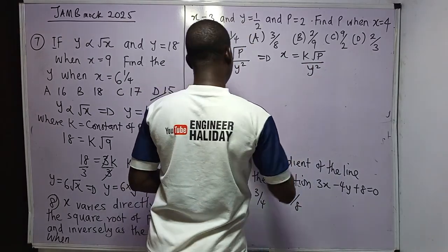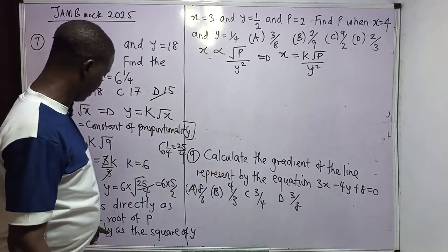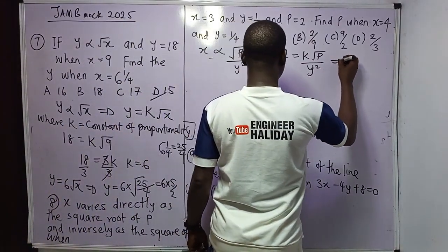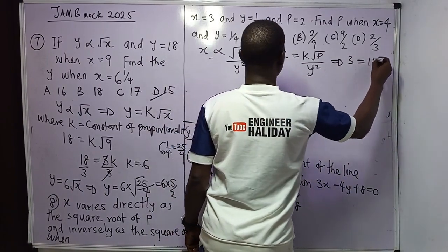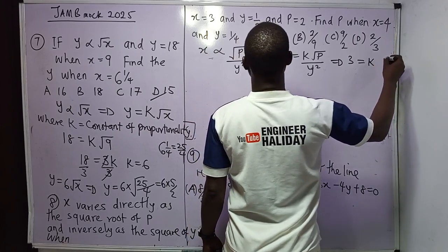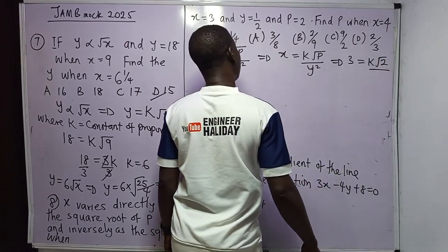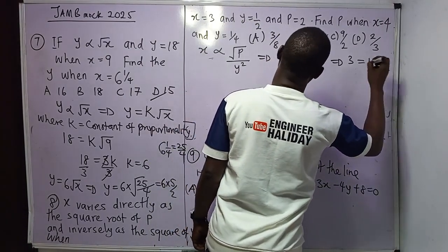Having done that, what we're going to do is to substitute when s equals 3. When s equals 3, k square root of what? Our p is square root of 2, divided by what? Our y is 1 over 2.